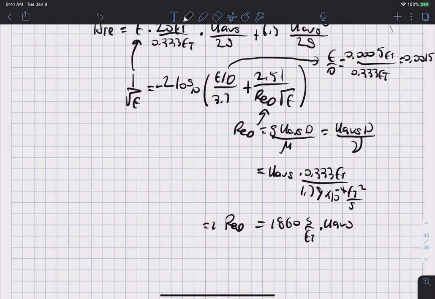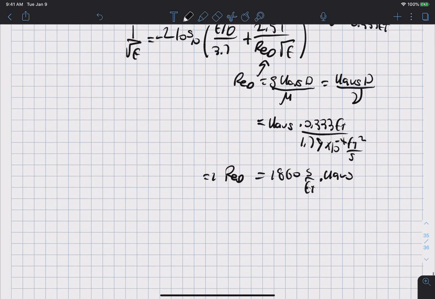Then we stick everything in. We know epsilon over D, we know the 3.7, we have the 2.51, and we have the number on the Reynolds number. So I'm going to stick in all the numbers that we do know and simplify.